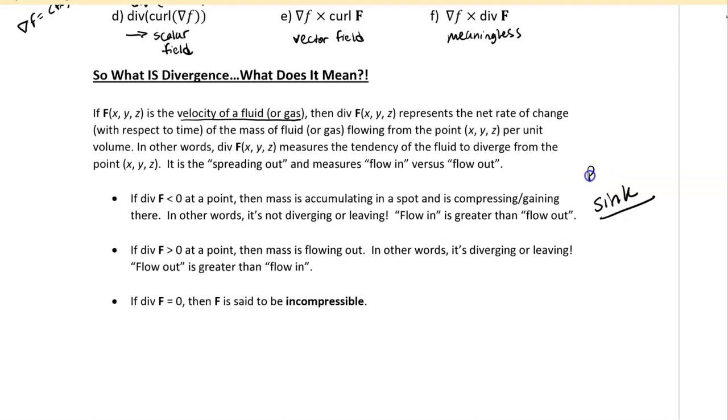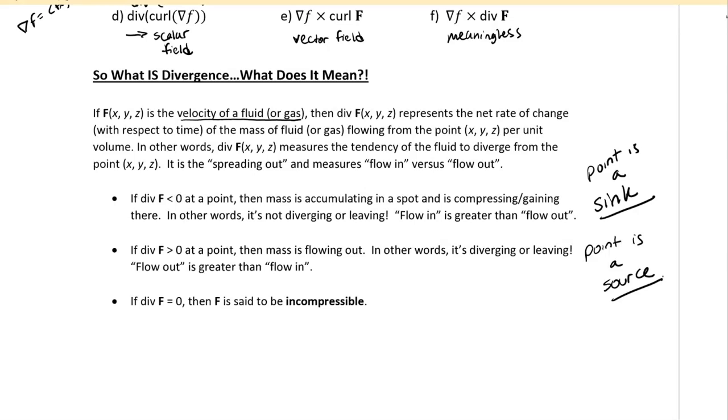That point, maybe I should say, the point is a sink. If the divergence of F is greater than 0 at a point, then mass is flowing out. In other words, it's diverging or leaving. Flow out is greater than flow in. At that point, we say it is a source. So we have sinks and sources.